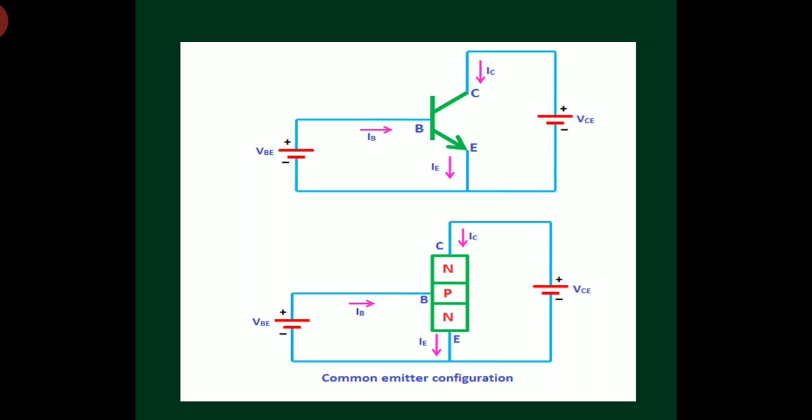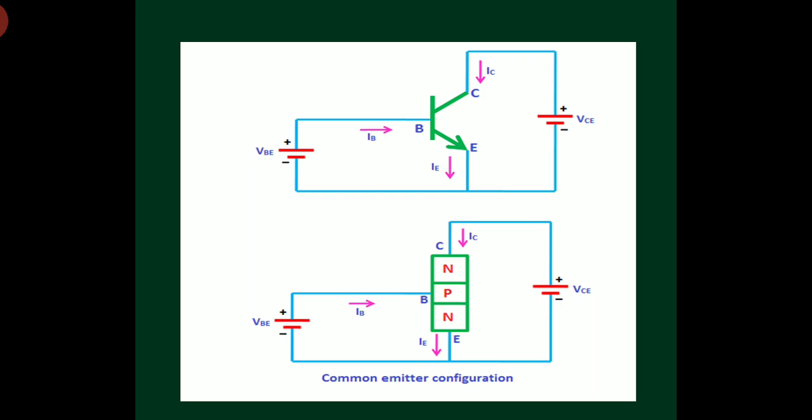This makes junction JE forward biased, right? I am using the notation VBE, the voltage between base and emitter.